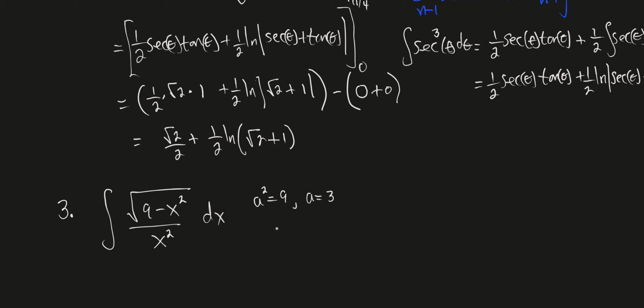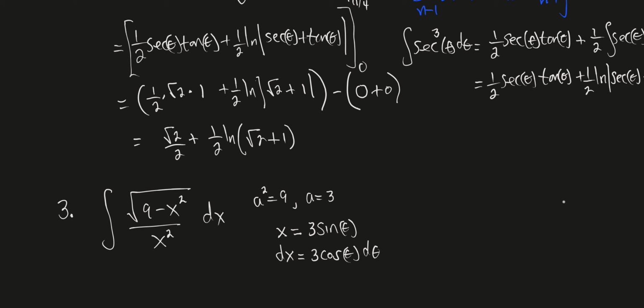And then the equation that we're going to use, x is equal to 3 sine theta. And we're going to use this equation again to convert now the differential and the integrand. So first our dx, the derivative of sine is cosine, so 3 cosine theta d theta. Now let's work on the integrand.